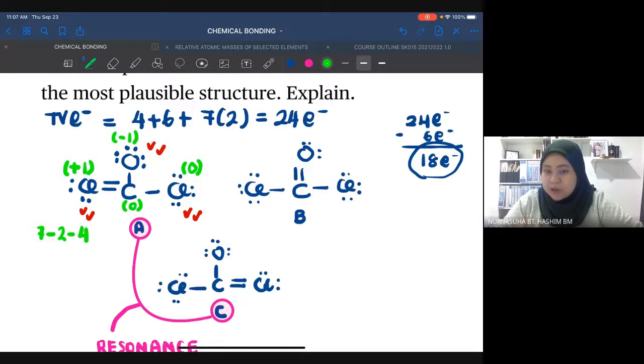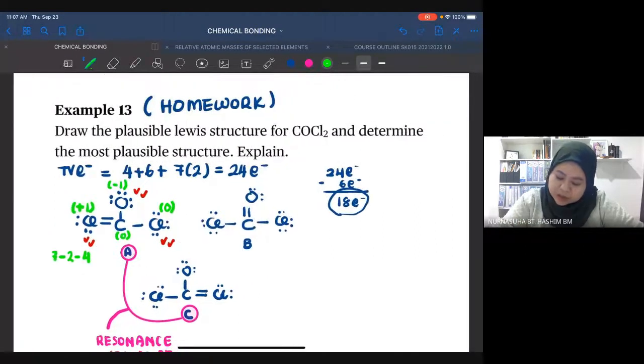So this one consistent dengan structure kita lah, sebab our COCl2 is neutral. So hasil tambah formal charge sepatutnya sama dengan kosong lah.